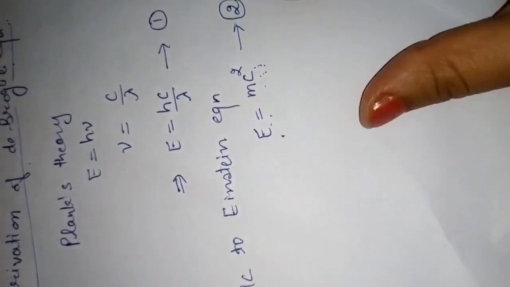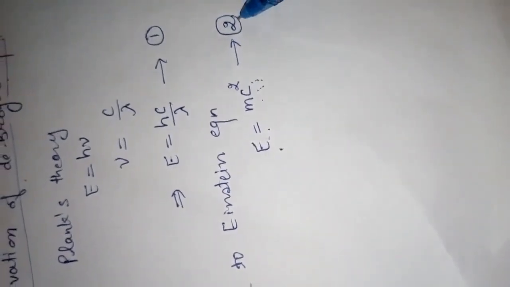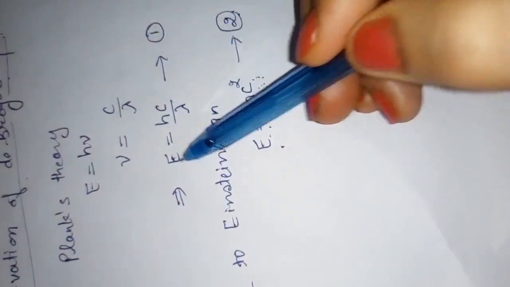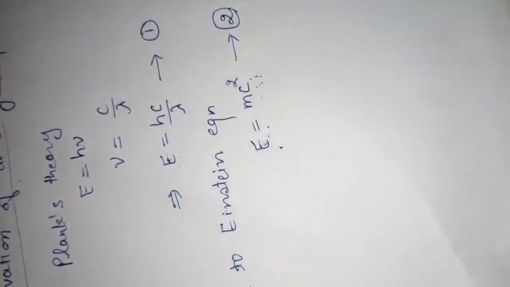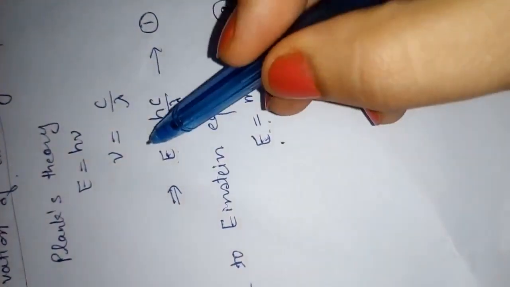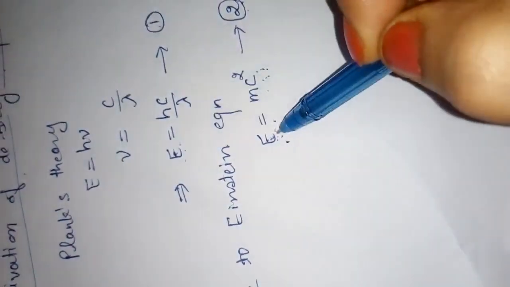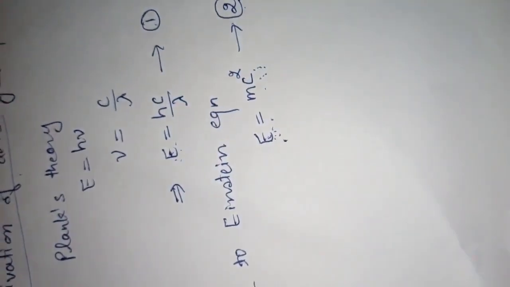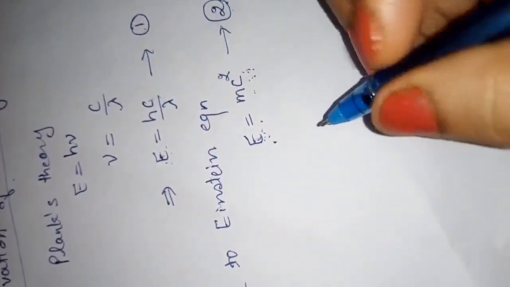Call this equation 2. From 1 and 2 you can see the left hand side is equals to E. If left hand sides of equations 1 and 2 are equal, that is equals to E, then right hand sides are also equal.